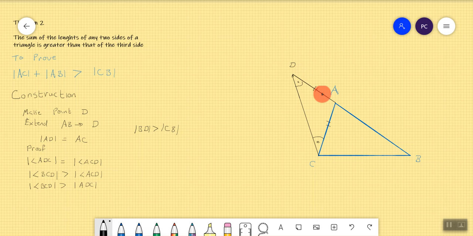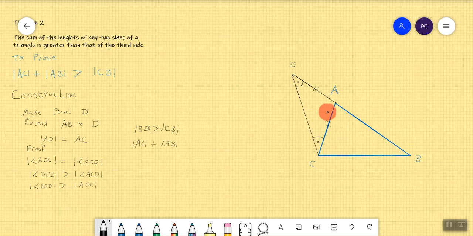But this length here, A to D, is equal to the length A to C. So instead of saying B to D, we could call it A to C plus the length A to B.